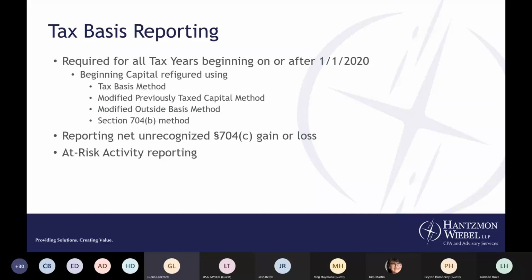Again, it's kind of backwards. And then the 704B method is essentially tax basis with the exception of 704C, which we'll talk about. Well, you can see on the slide we're going to talk about it.